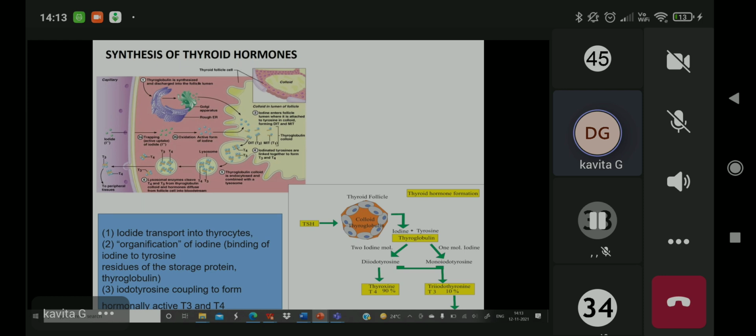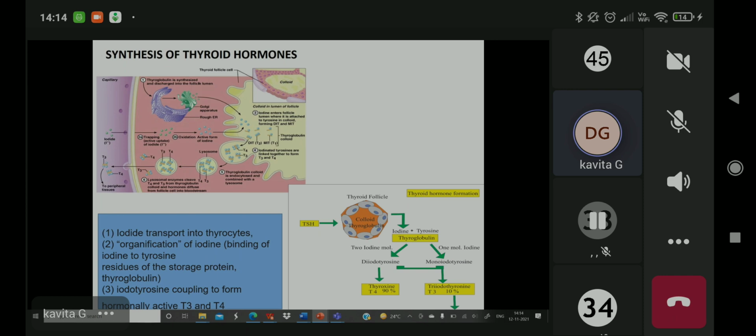So if one molecule of iodine combines with tyrosine, you have MIT, otherwise you have DIT. Now, MIT is the basic source for our T3 and DIT for T4. So basically, these are the main steps. This is how we're getting our T3 and T4.